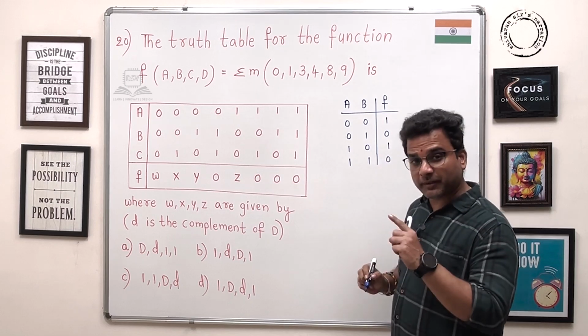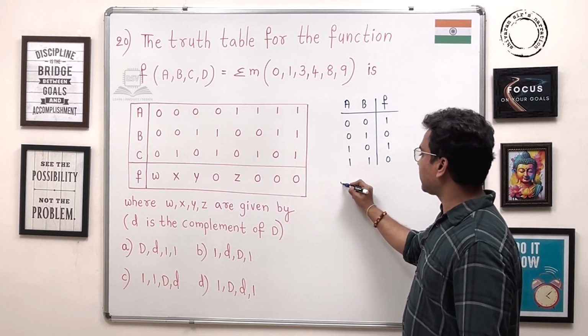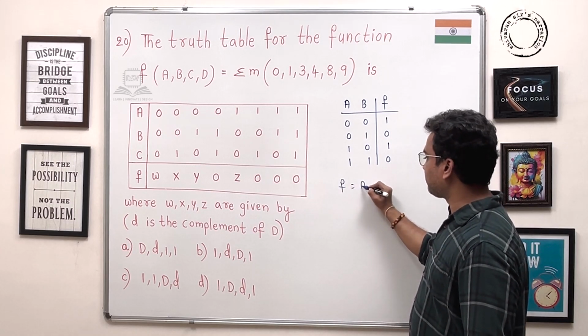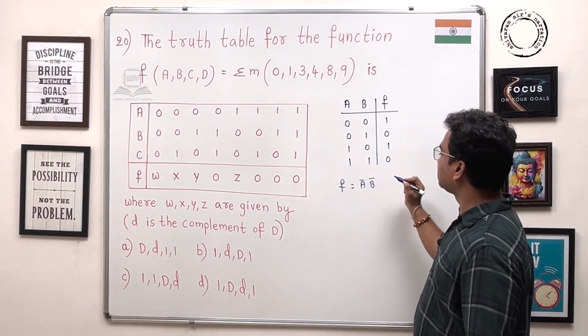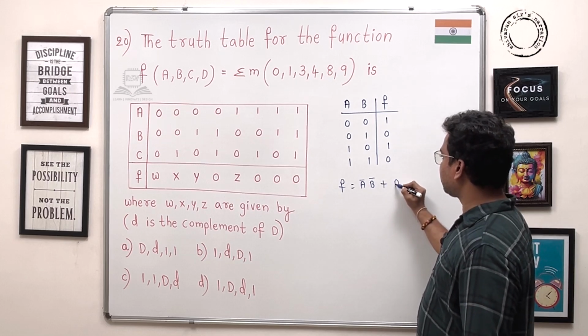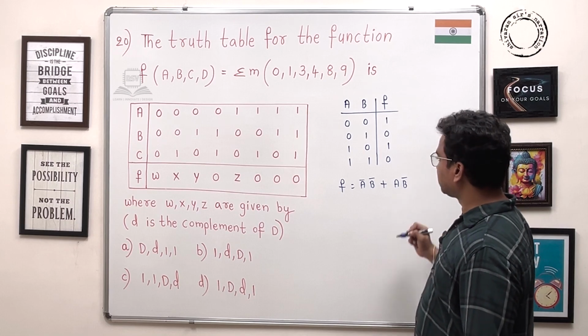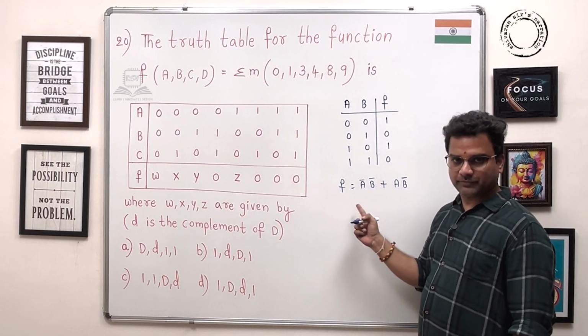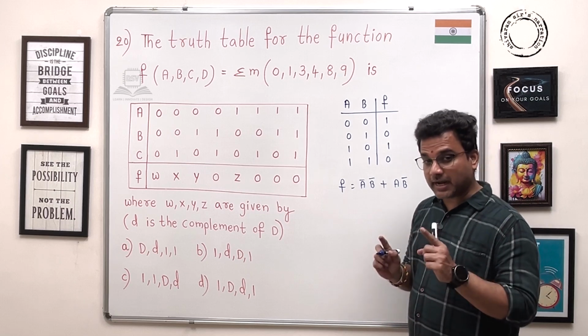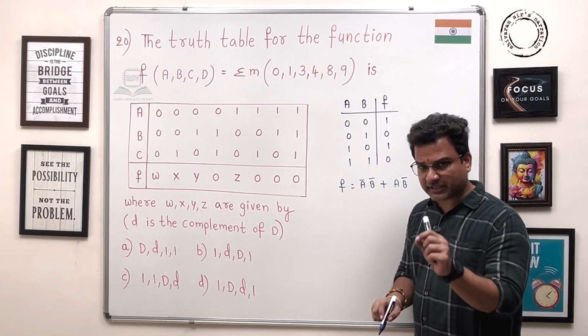Then what will be the expression? f is equal to a bar b bar plus a b bar. This is the expression only, isn't it? Do you know what is the exact expression?